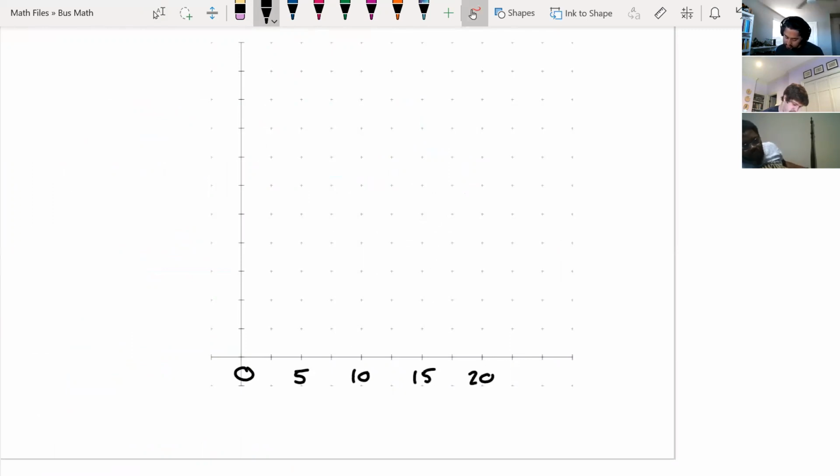Am I going to make it? No, but it's fine. I can extend it one more right here. That'll be 30, right? 5, 10, 15, 20, 25, 30. Okay, so this is for that restriction, 0 less than or equal to t, less than or equal to 30.